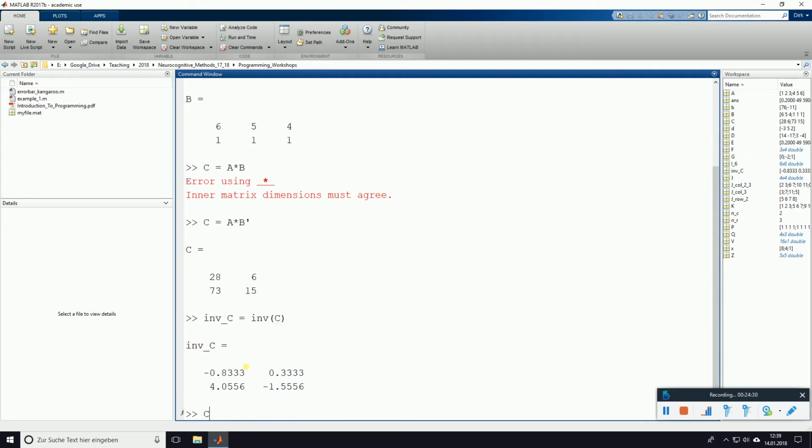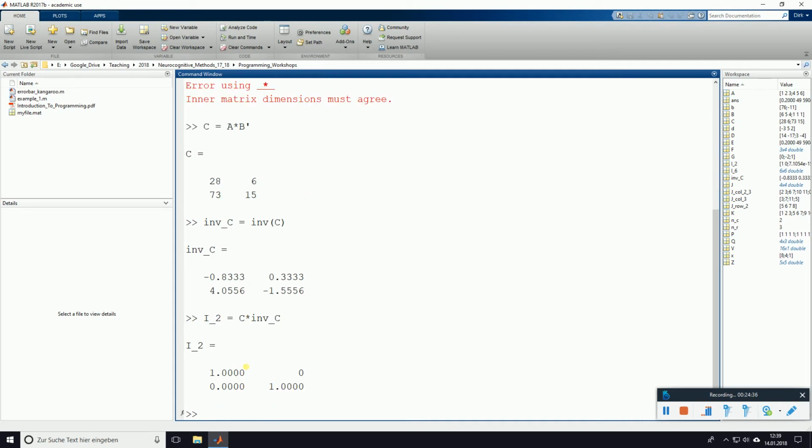And then if you multiply C with its inverse, as you know from linear algebra, you get the identity matrix. So I think with respect to matrix calculus in MATLAB, once you know your matrix calculus from math, you don't have any problem, and everything makes sense and you can easily compute things.